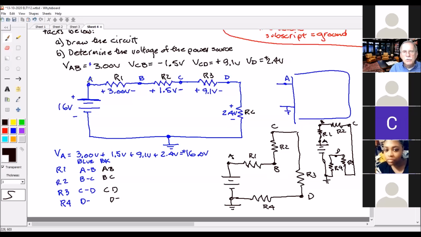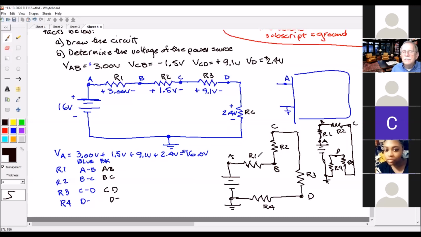In this drawing, B was to the right of A, and B is still to the right of A, but in this drawing, C was to the right of B, and in this drawing, C is above B. And it doesn't matter because R2 is still connected between B and C. All right, so how you draw the circuit physically is not relevant to, well, having said that, let me back up.